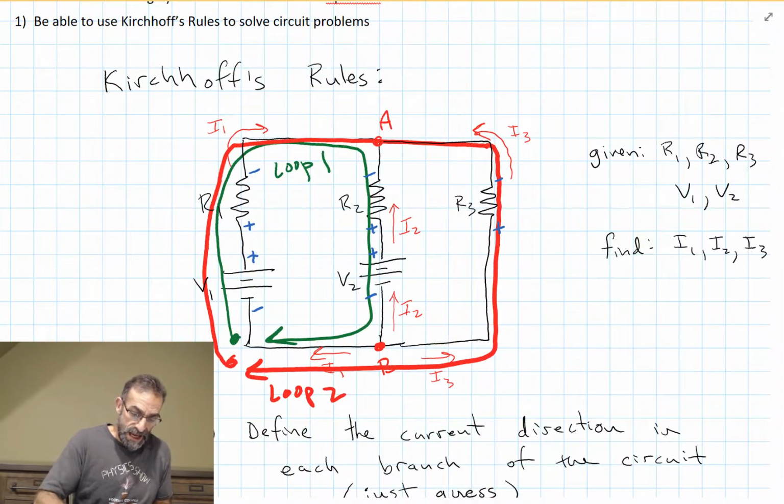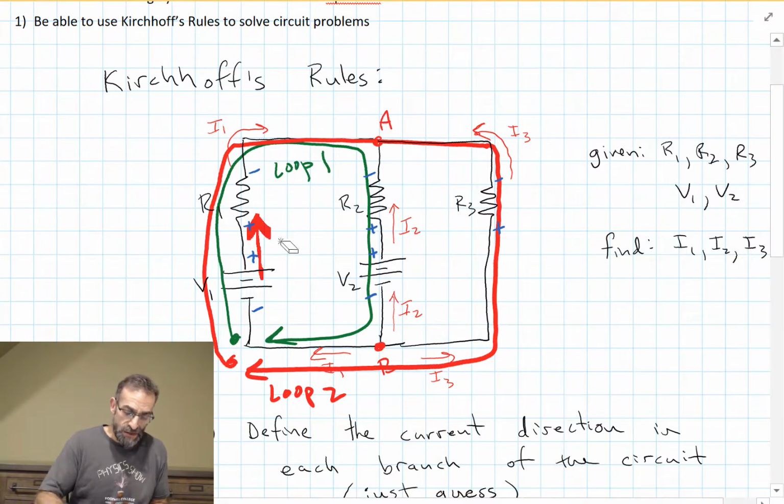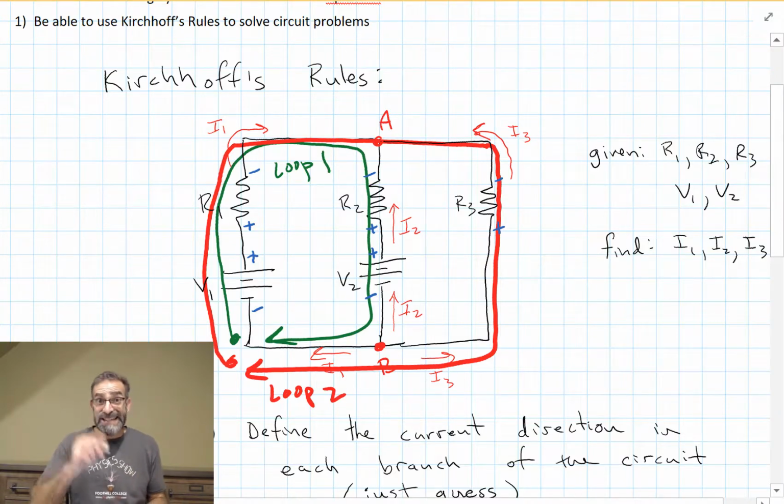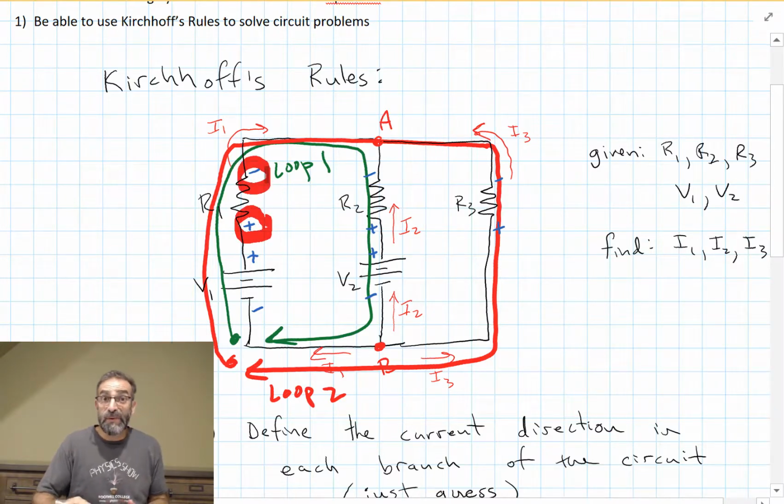The next thing that happens is I go into a resistor, and I come out the other side. This is why we draw the little plus and minus signs. For the battery, I know I went in the low voltage side, and I came out the high voltage side. So I had a rise of V1. For the resistor, I see I'm going in the high voltage side, and I'm coming out the low voltage side.